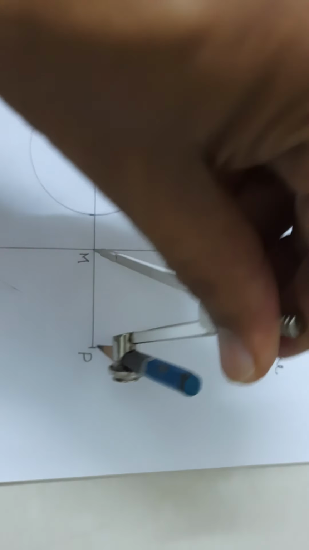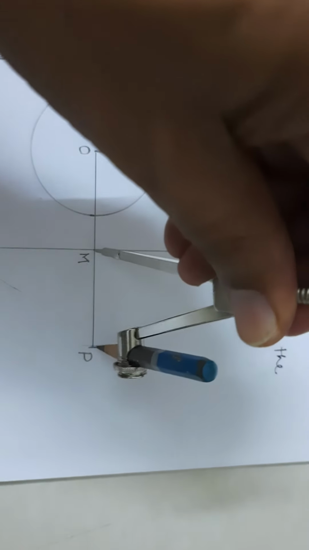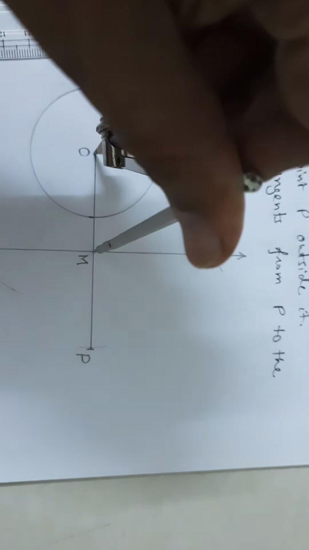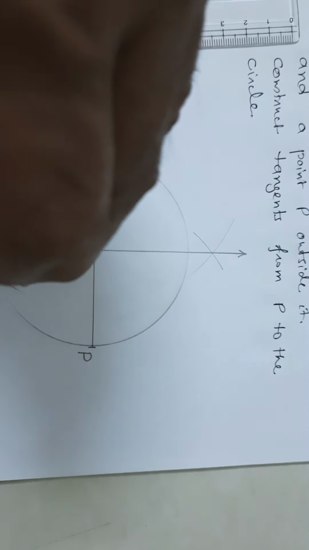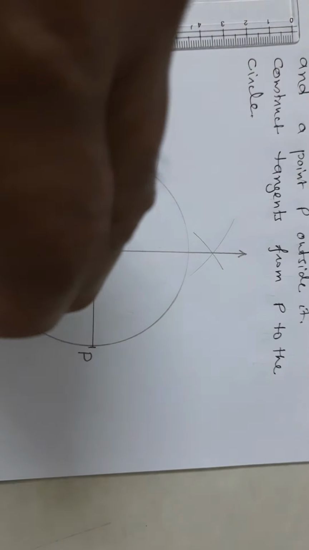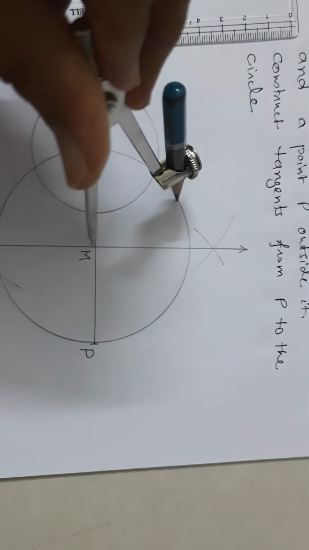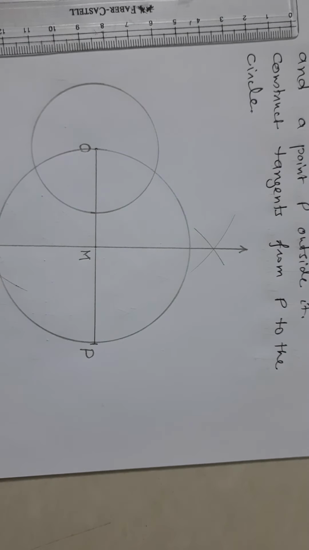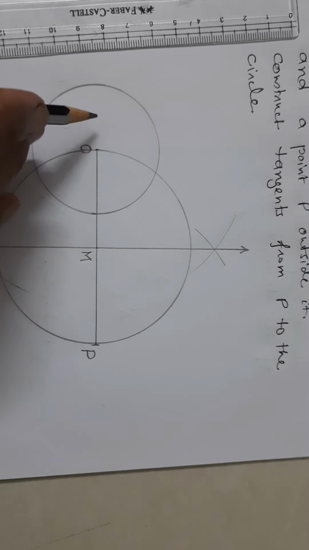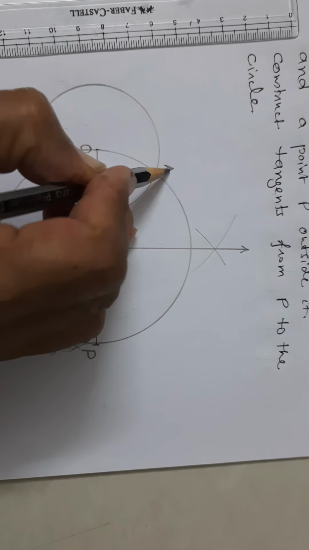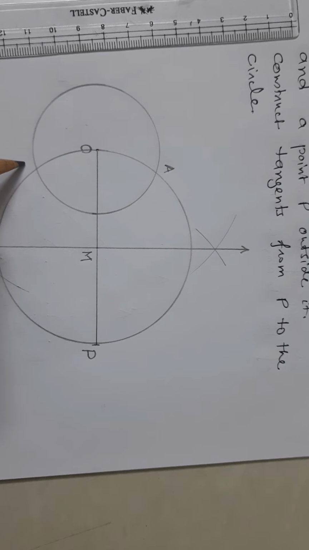Now we are drawing a circle with that particular radius, such that it intersects the given circle in 2 points. This was the given circle with center O. So the 2 points are here, A, and this point is B.